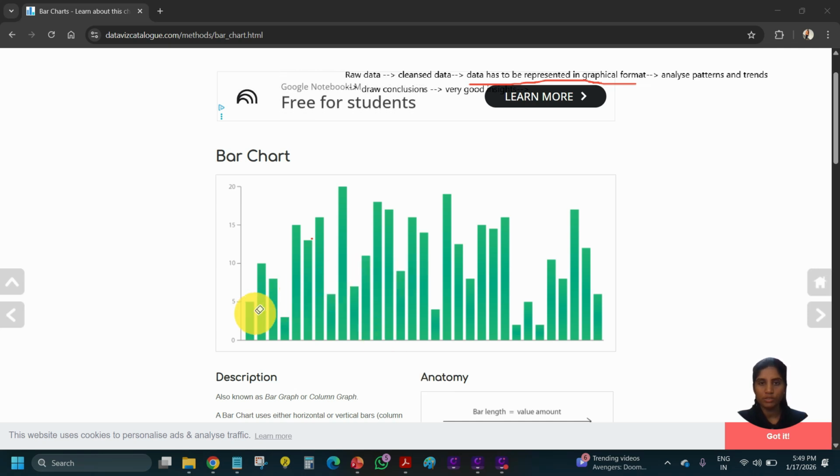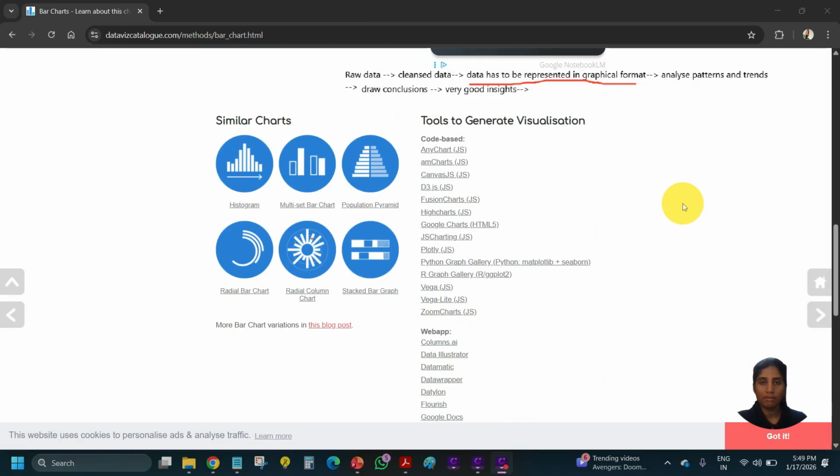We can show this using a bar chart, and within the bar chart itself there are different types. We have the histogram and the multi-set bar chart, for when category B has subcategories and we want to represent them. And against two categories, like a butterfly chart, if something is negative and positive, we can represent it like that.